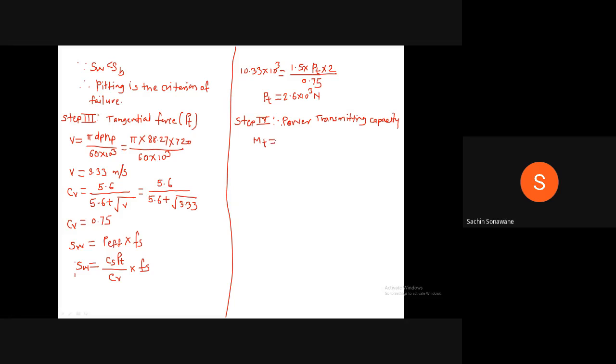MT is equal to PT into dp divided by 2, which is equal to 2.6 into 10 raised to 3 into 88.27 divided by 2.